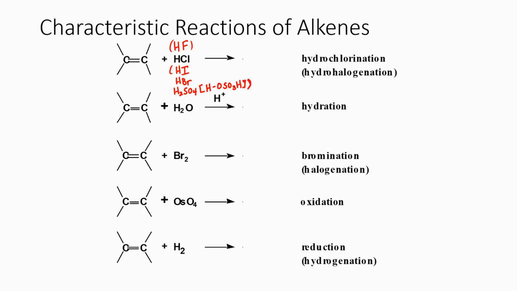In the case of all of these acids, we'll see the double bond breaking, and then in these available spots, the hydrogen of the acid adds to one side, and the halogen or the hydrogen sulfate adds to the other.